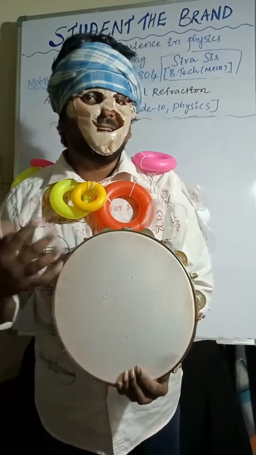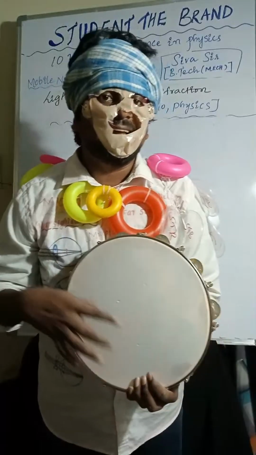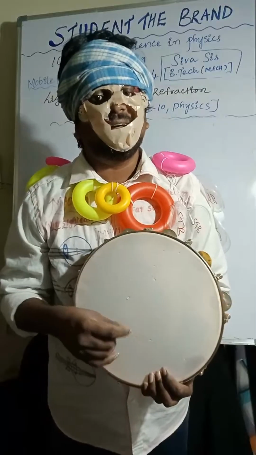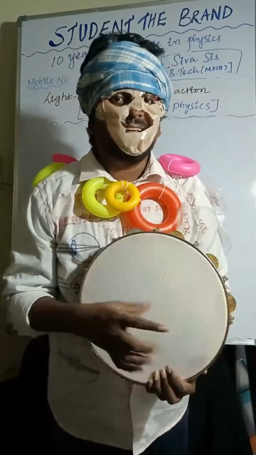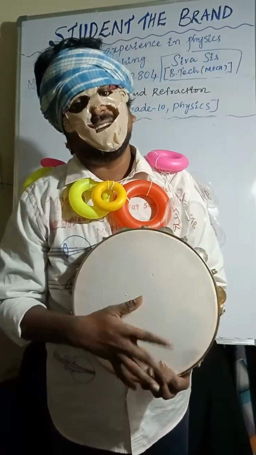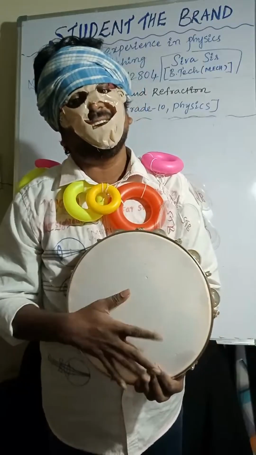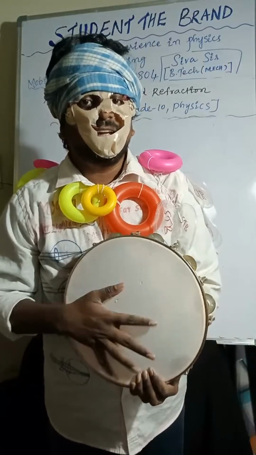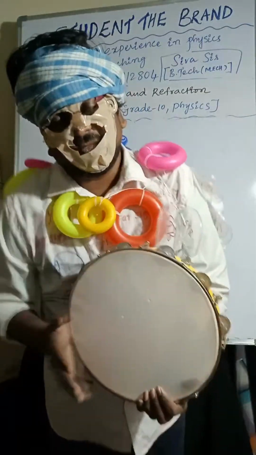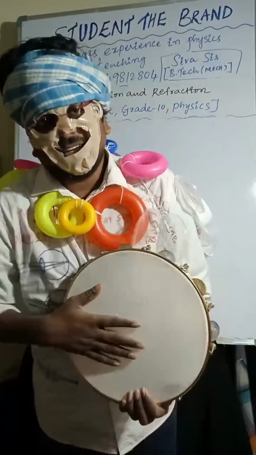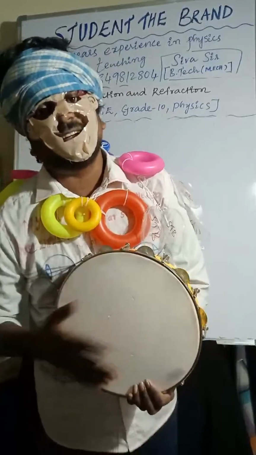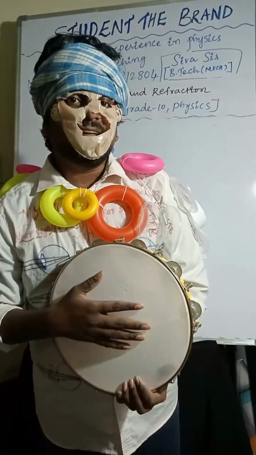Myopia, myopia, myopia, myopia, myopia, myopia. Near distance we can see her, far distance we can see her. Myopia, myopia, myopia. For that correction we are using concave lens, concave lens, concave lens, concave lens.